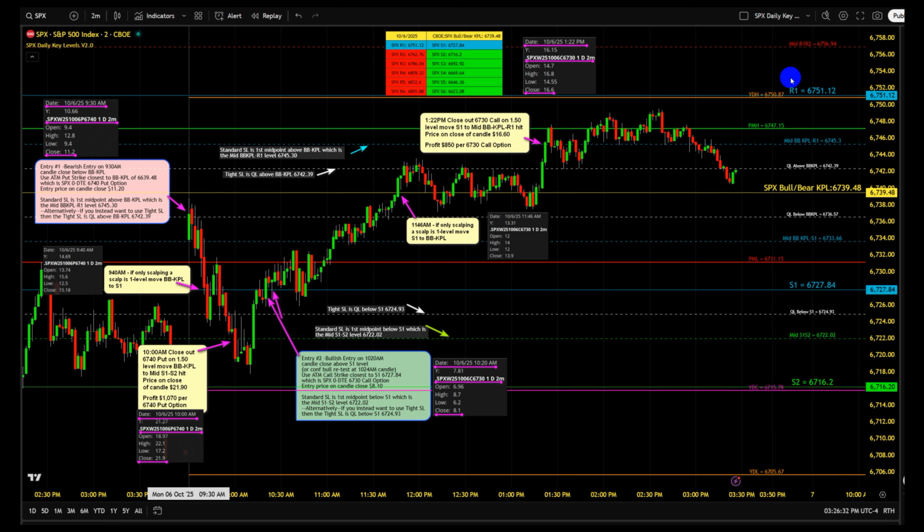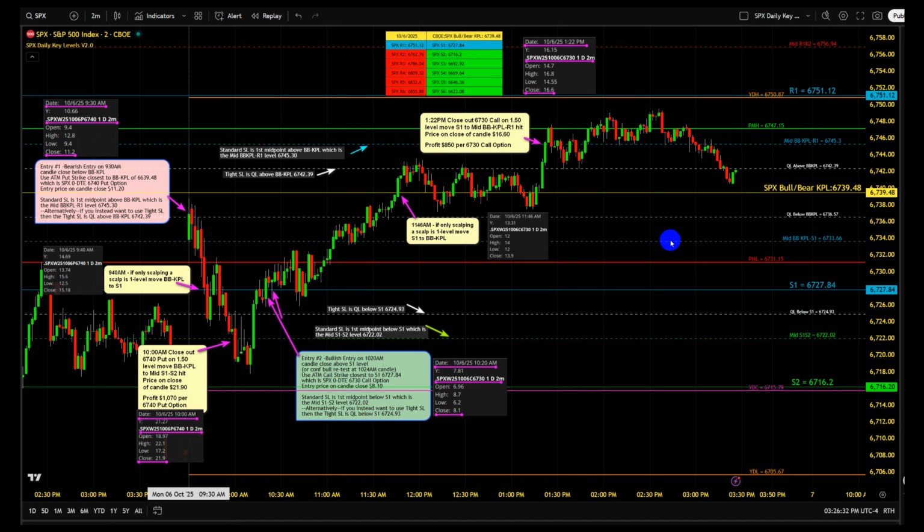Now I do have some of these other midpoints and QLs turned on. For example, this mid R1, R2 up here is not normally turned on by default. You can turn them on manually, or you can set them as a default if you prefer.